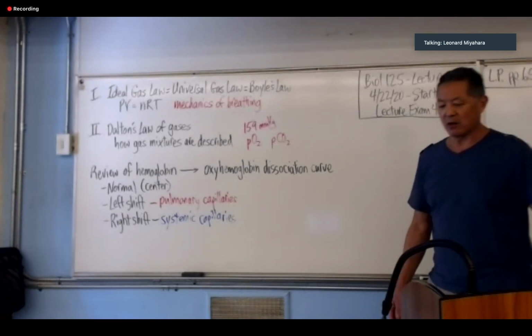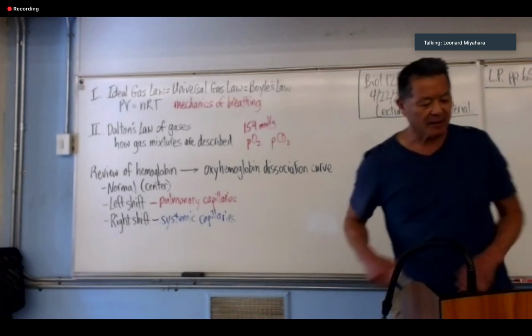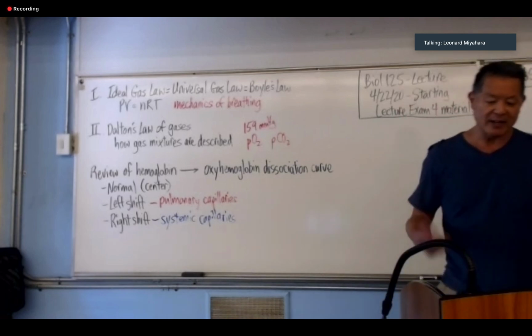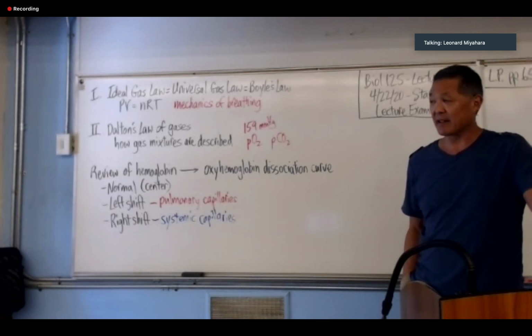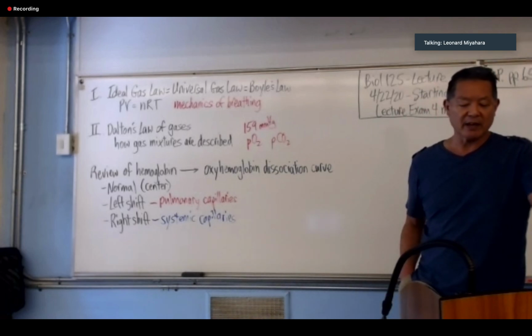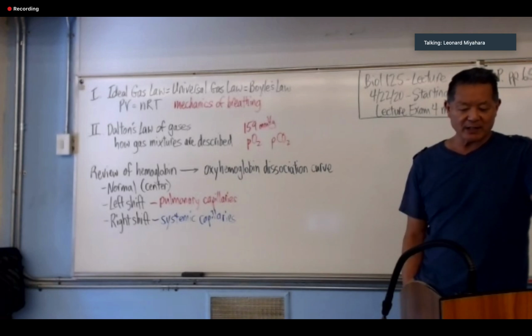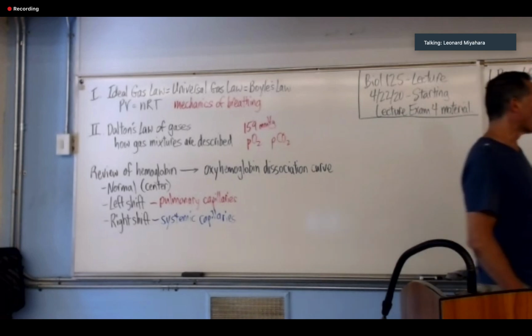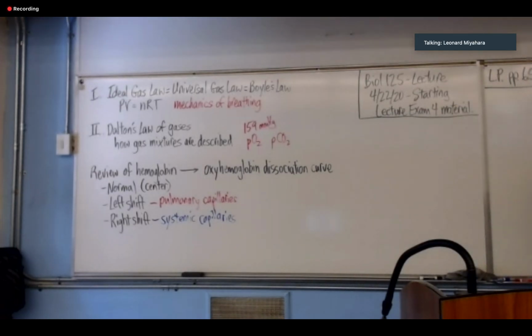All right, so when we talk about the effect of pH, that is given a name called the Bohr effect, and that's on slide 43. By the way, this is actually how acid is formed. It's actually not free-floating hydrogen ions.